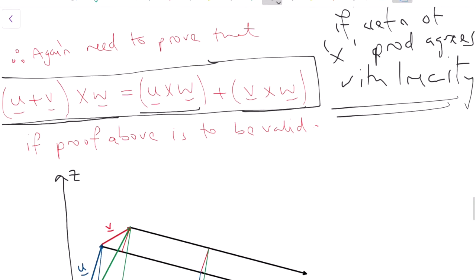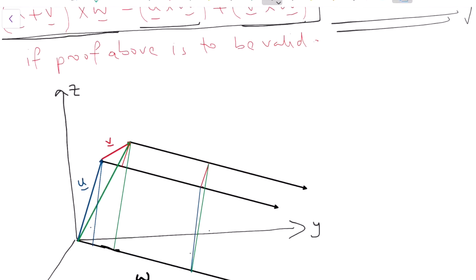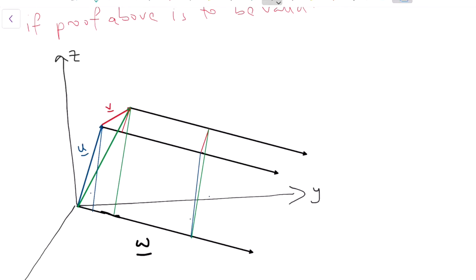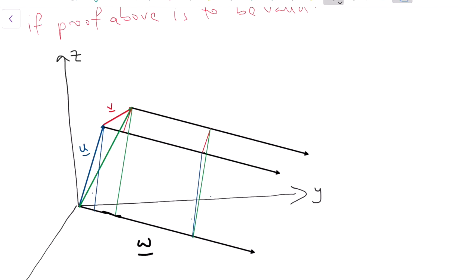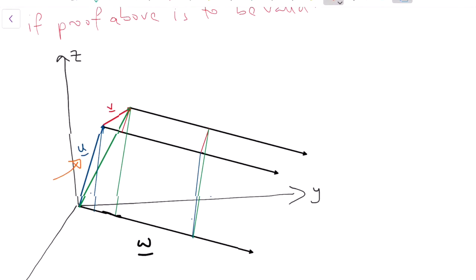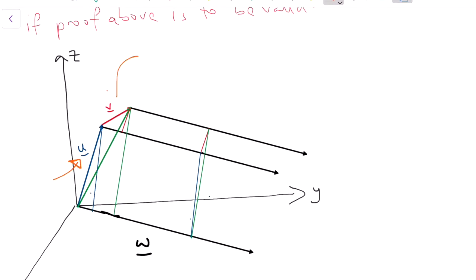Well, this is kind of similar to the proof for dot products. And here I will draw in orange. There we go. I drew a vector u in blue, a vector v in red, and this vector in green is u plus v.